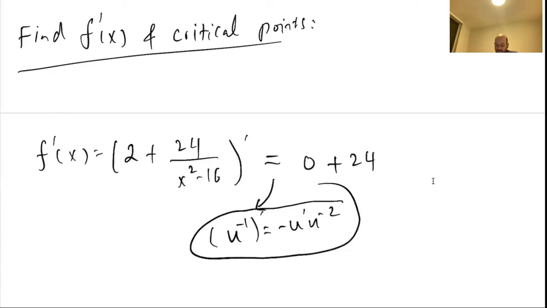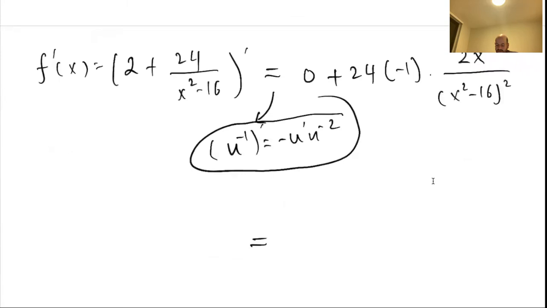So 24 times minus 1 times 1 over x squared minus 16 to the power 2 times u prime. What is the derivative of x squared minus 16? It's 2x. So times 2x here. So this is minus 48x divided by x squared minus 16 to the power 2.